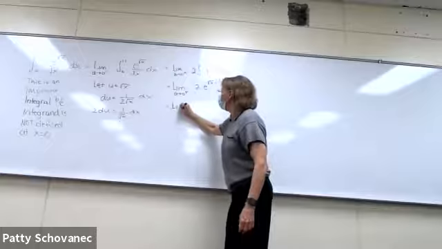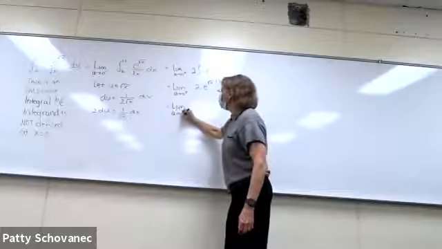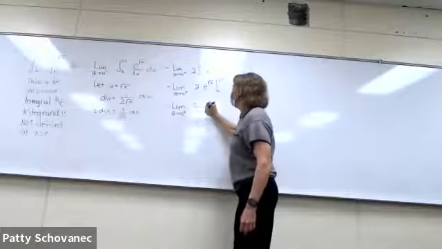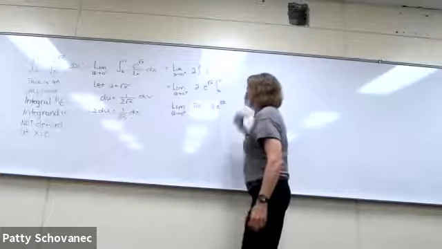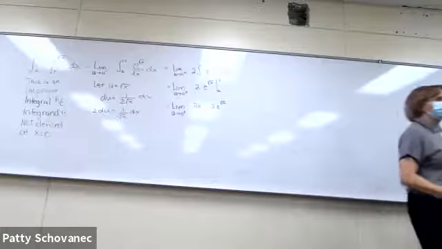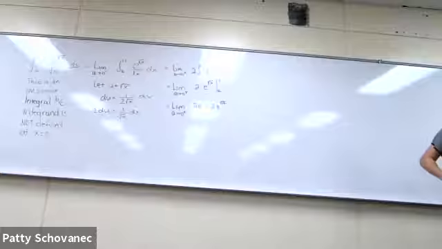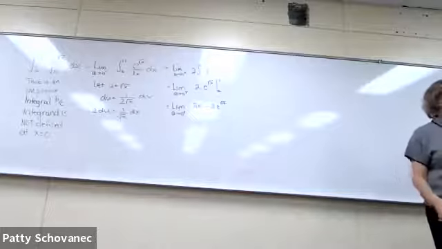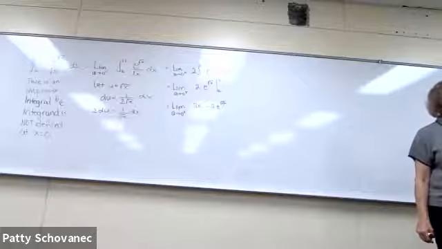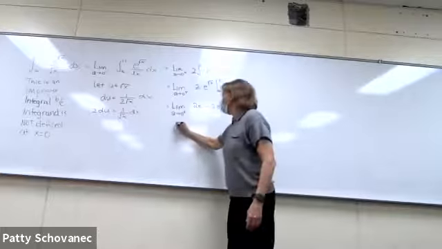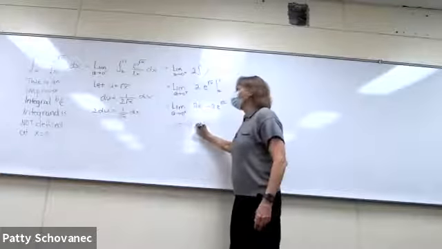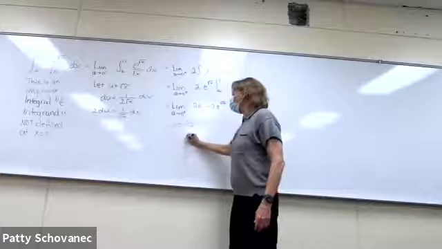Then we take the limit of that expression as a goes to 0. So a is going to 0, that means the square root of a is also going to 0. E to the 0 is 1. So this thing is a nice finite number, 2e minus 2. That means this integral converges to that number.